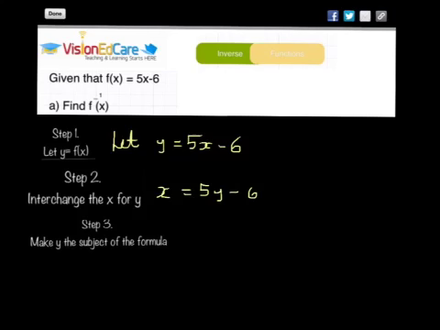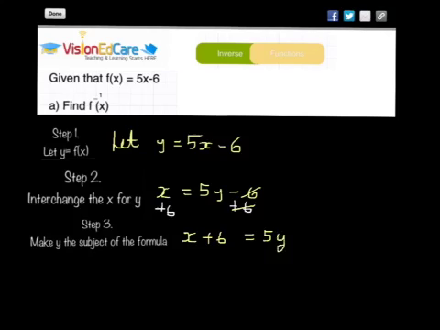Well, by adding 6 both sides, because minus 6 and a plus 6 here gives us 0. So what we have left on the left hand side now is x plus 6. And on the right hand side I have 5y.